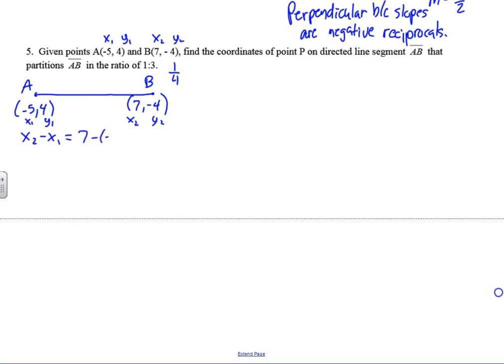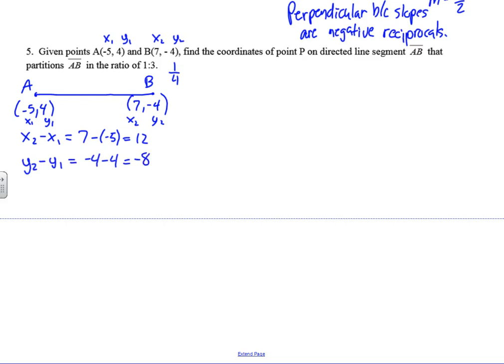So 7 minus negative 5 is 12. What I like to do is go back and look at, if I go from x1 to x2, do I add 12? Well, to go from negative 5 to 7, yes, we're going to add 12. Okay, y2 minus y1 is negative 4 minus 4, which would be negative 8.